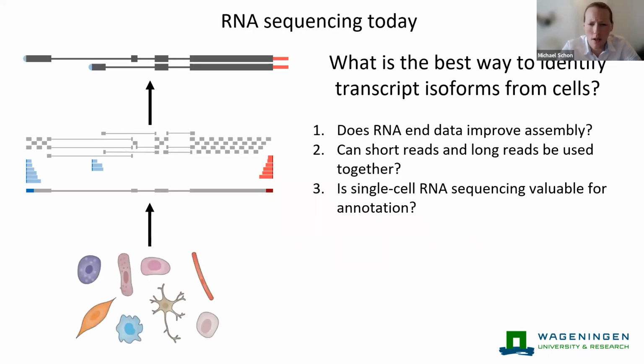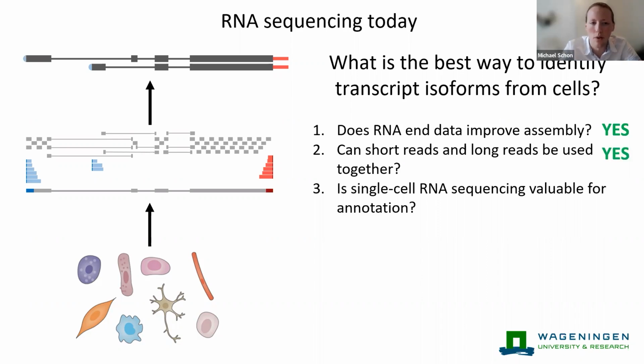And so to summarize the points that I was hoping to make today, these were the 3 questions I was ultimately interested in asking. Does RNA-end data improve assembly? I think we can say unequivocally yes. Short reads and long reads, are they actually useful together as a hybrid assembly?